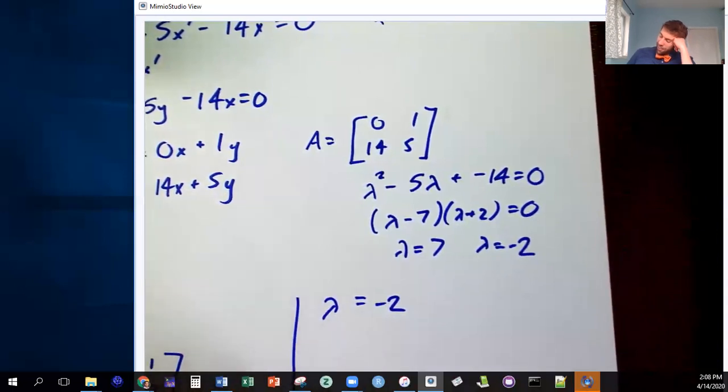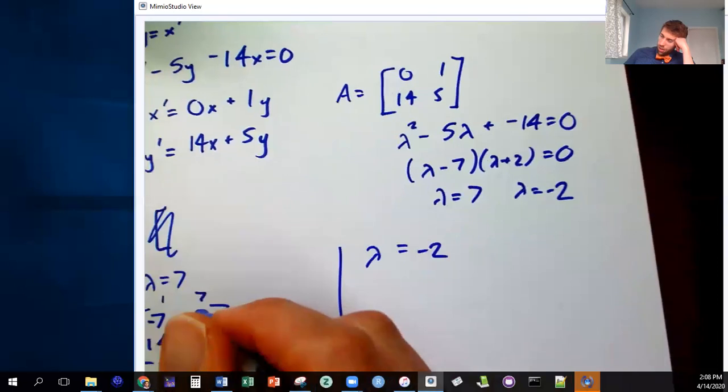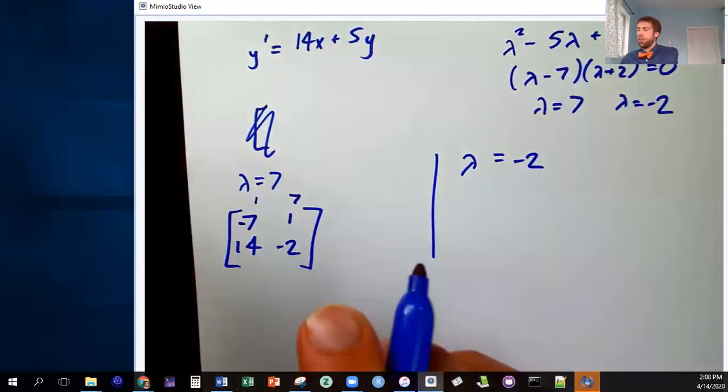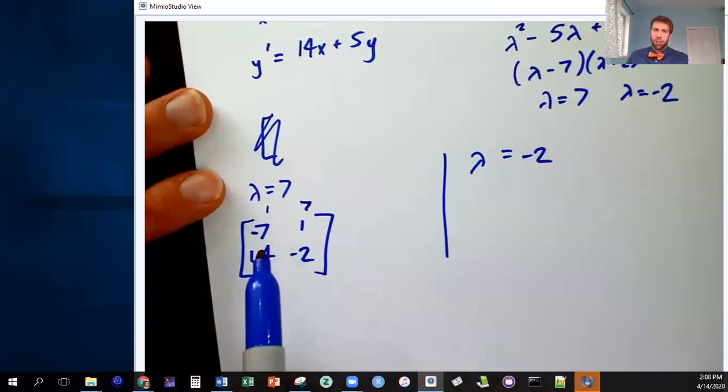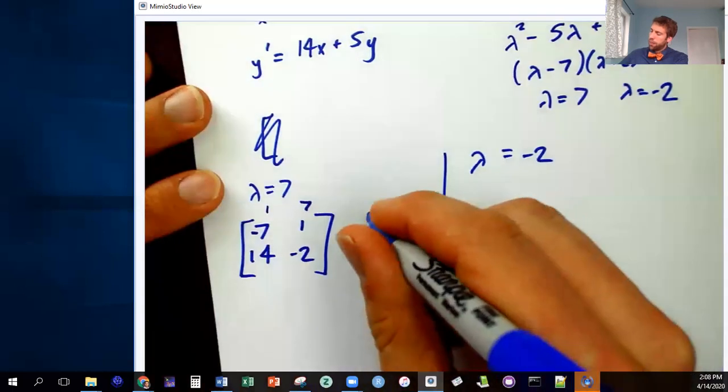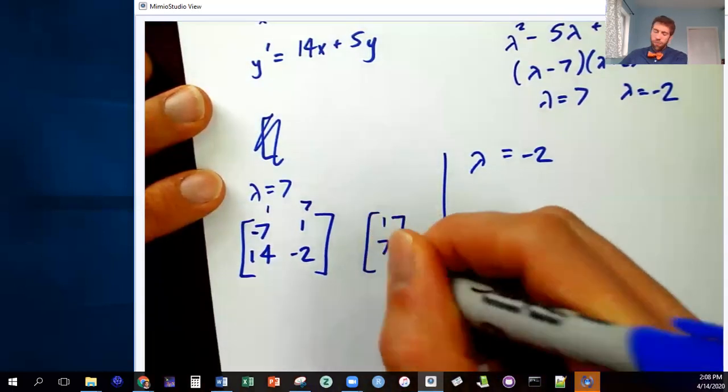So the Kyle numbers for this would be 1 and 7, since we subtracted 7 across the diagonal. So then my eigenvector is 1 and 7.